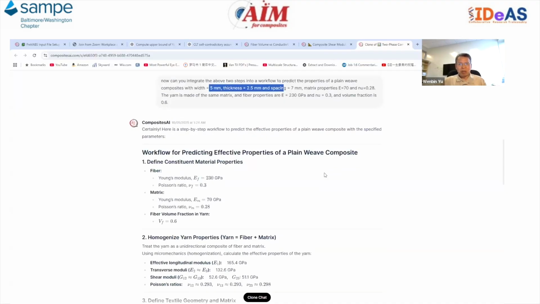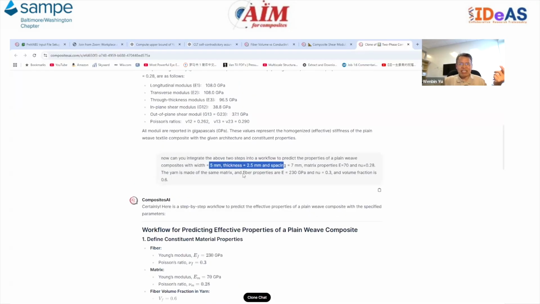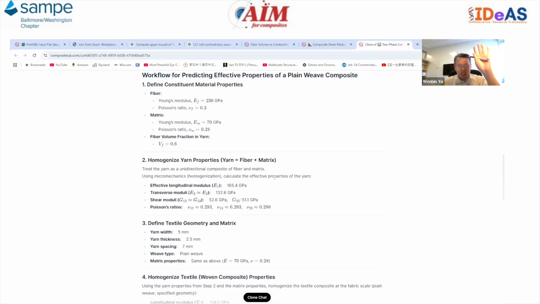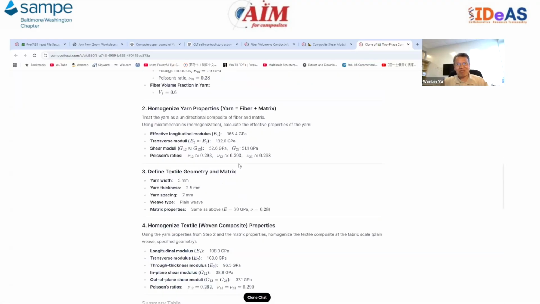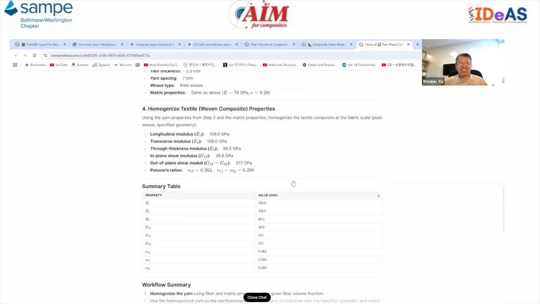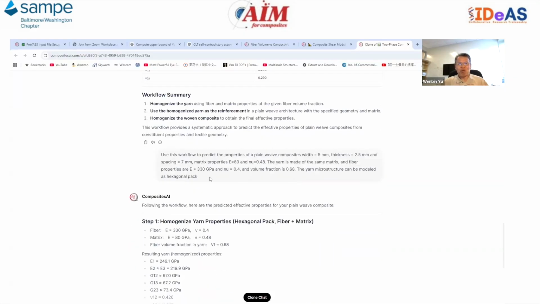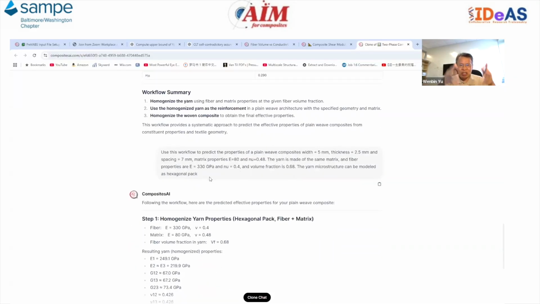And it can do it, but the problem is AI is kind of lazy. It found that the numbers I gave were exactly the same as the previous two steps. It didn't do the calculation at all, just listed the values. It said, do the first step, you need to do that. Second step, you do that. And those are the results and the summary of the results. So I try to force it to really do a real linked workflow, the real calculation.